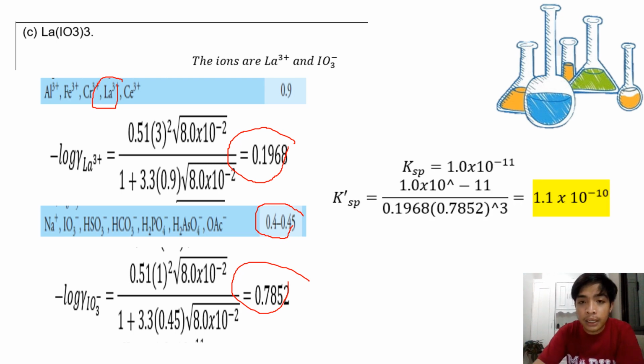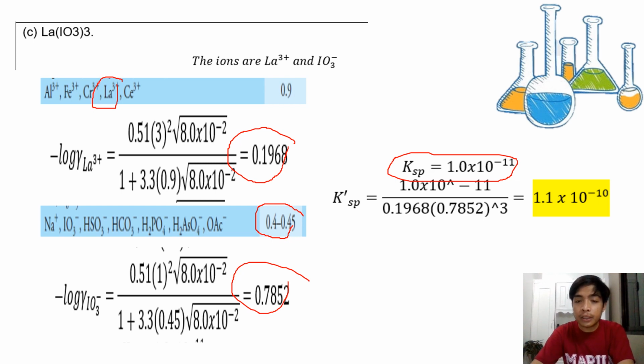And to determine the KSP prime, we have 1.0 times 10 to the negative 11 as its KSP, or the solubility product, or the thermodynamic equilibrium constant, divided by the activity coefficients of the lanthanum ion and the iodate anion.